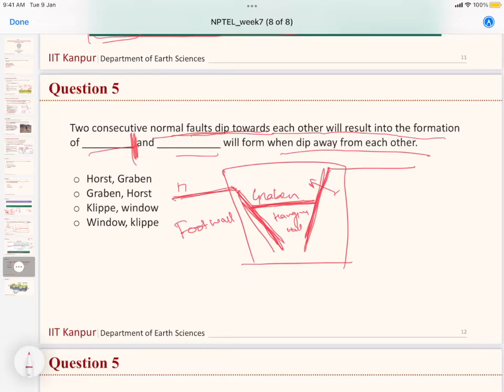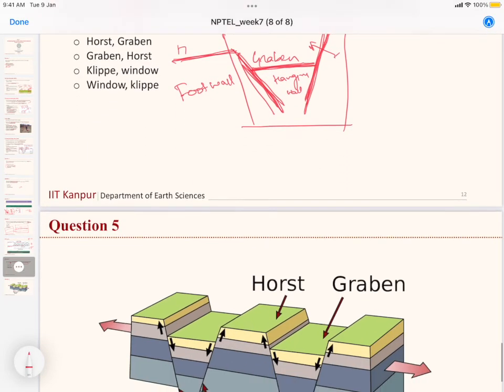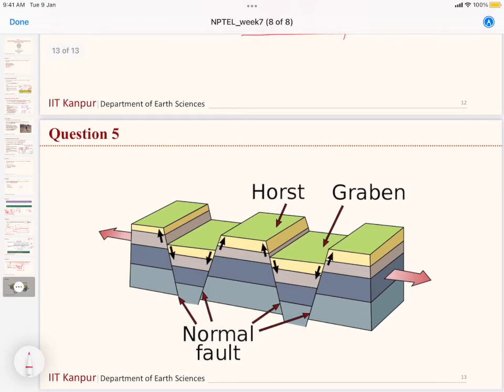Now to understand the whole thing, if we have a system of normal faults, this is how it looks. You can see it is forming in the extensional environment that we have already discussed, that normal faults form in the extensional environment when we push away, or when we do the extension.